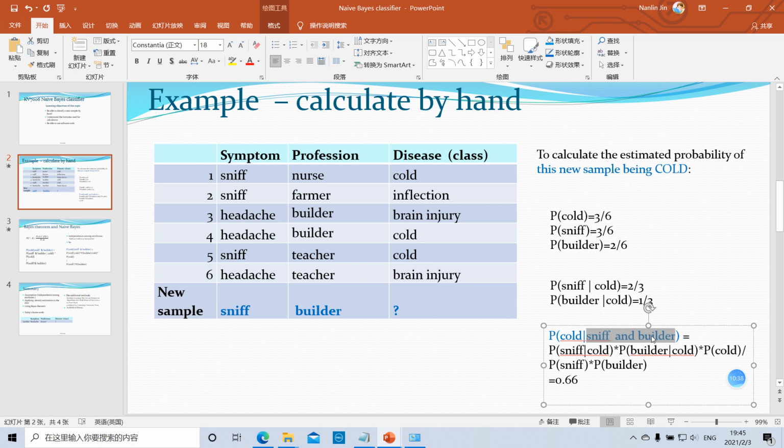Because we have already learned probability theory, the total probability of all possible diseases, cold, infection, brain injury altogether, should be 100%. So the other two diseases, infection and brain injury, together only count 34% of the probability. Therefore, cold is the most likely disease this new patient has.